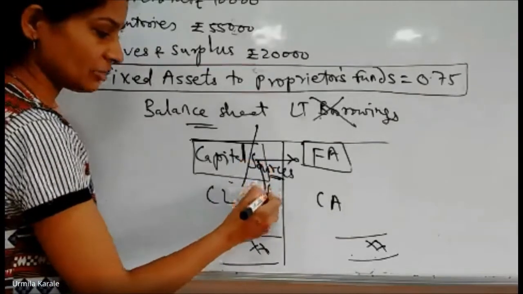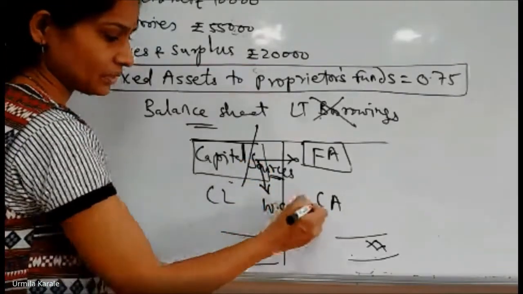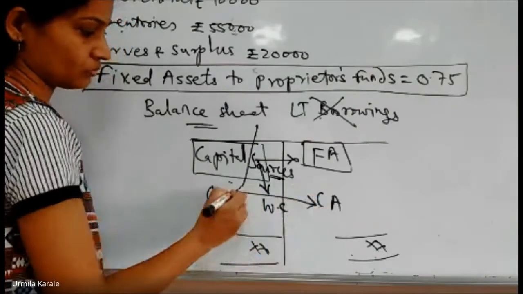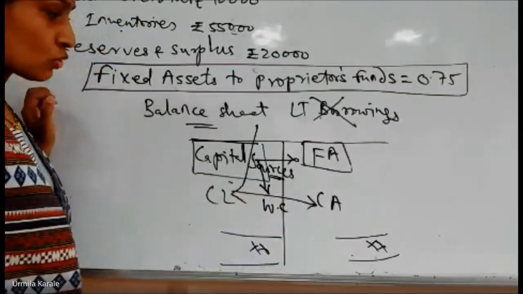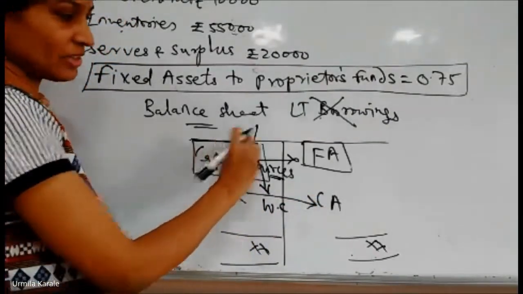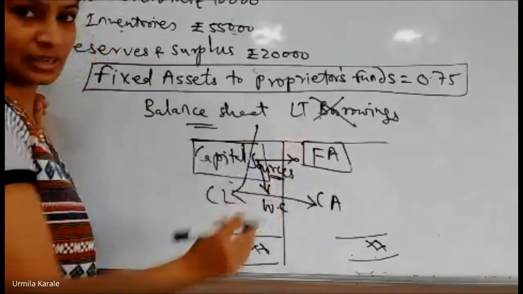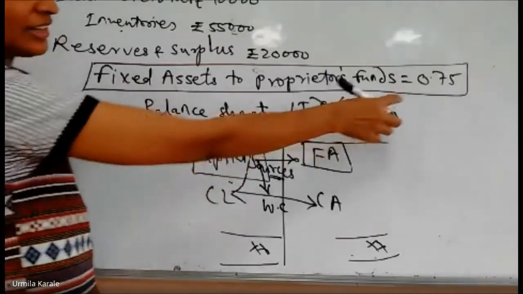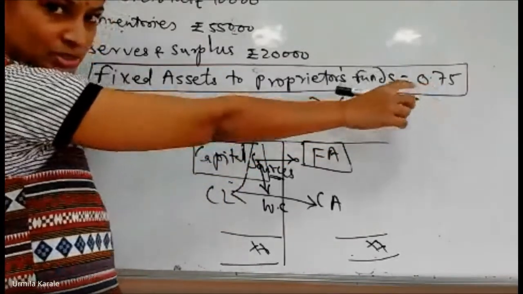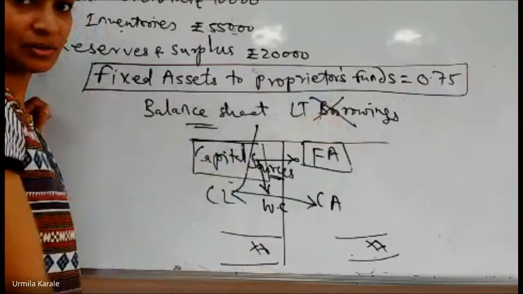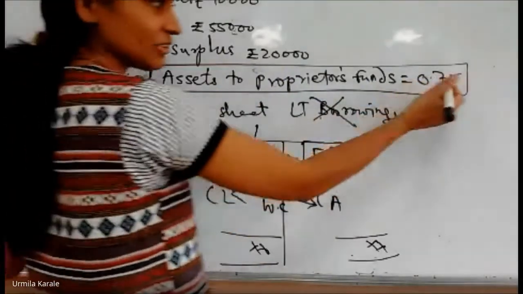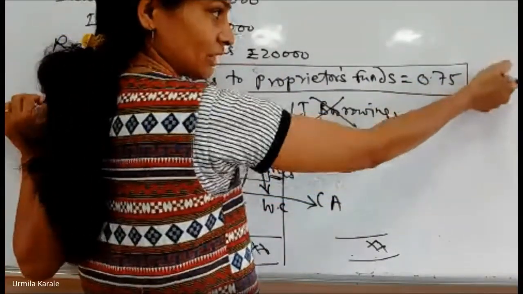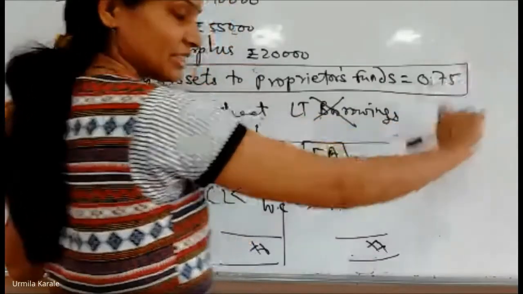So the remaining amount is invested in working capital, the gap between these two. Whatever money you have, either you are investing it in fixed assets or working capital. So if I say this 0.75 is 75%, we have seen decimal and percentage, it is one and the same. 0.75, 75 out of 100, 75%.